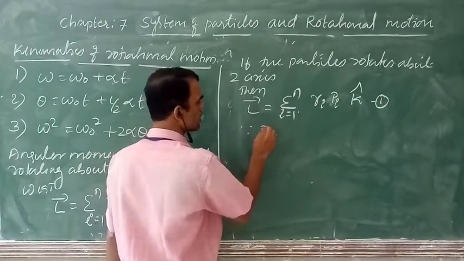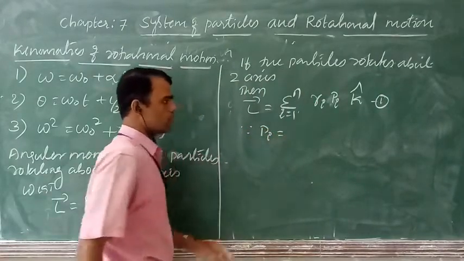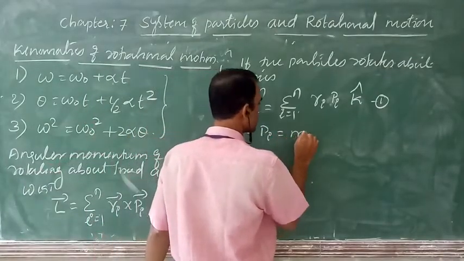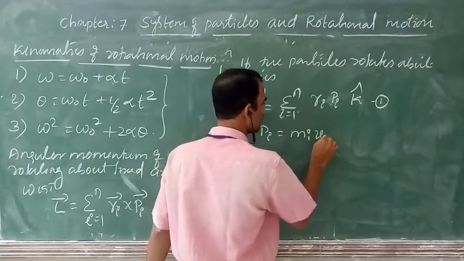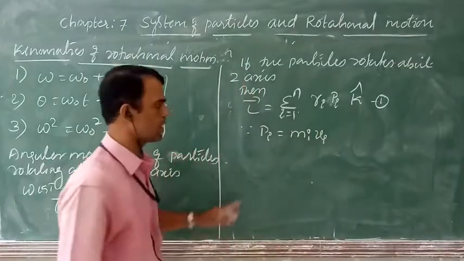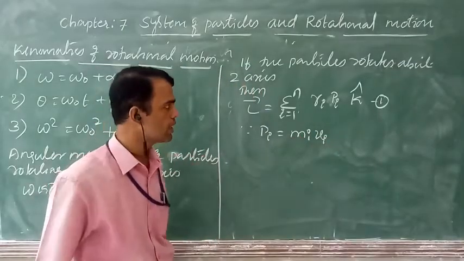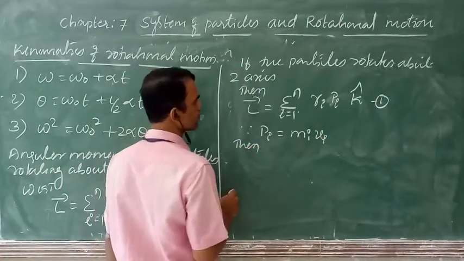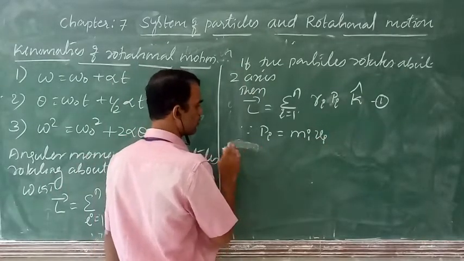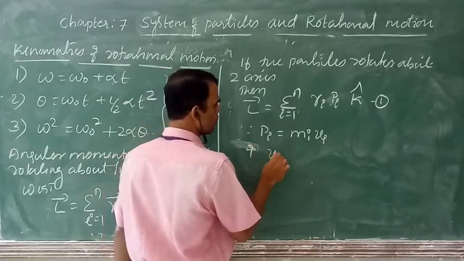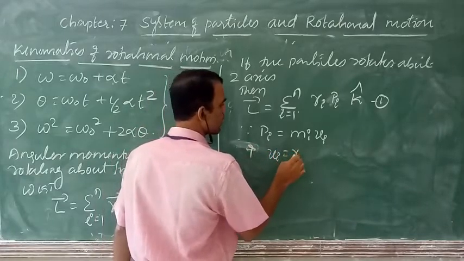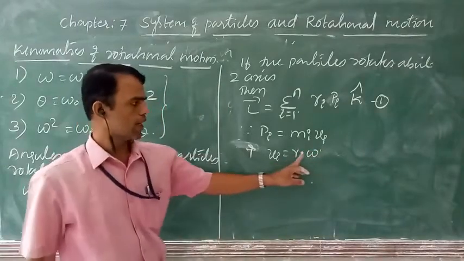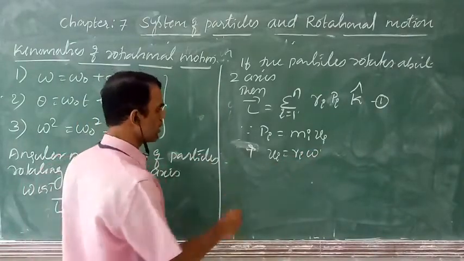Since Pi stands for the linear momentum of the ith particle, Pi is mi into Vi, and also Vi is Ri into omega.